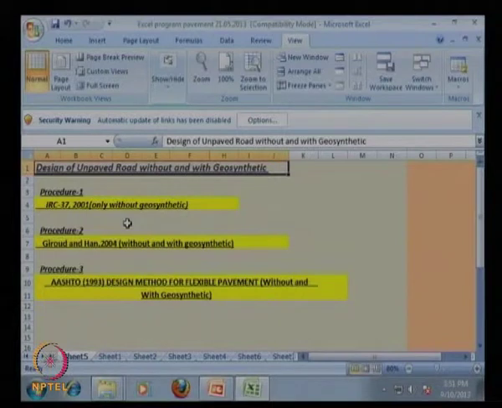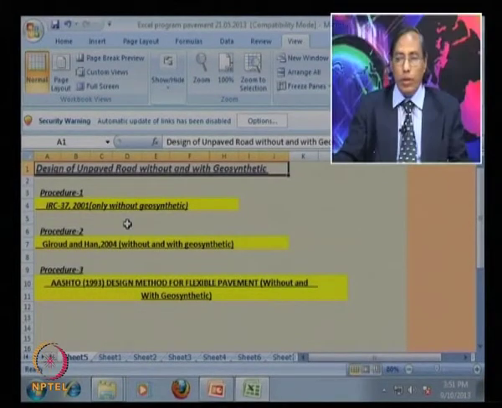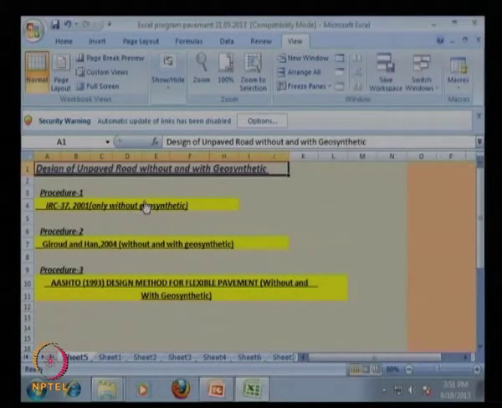Procedure 1 is IRC 37-2001, that is only without geosynthetic material, procedure 2 is Giroud and Han 2004, without and with geosynthetic material, and procedure 3 is the AASHTO 1993 design method for flexible pavement without and with geosynthetics.